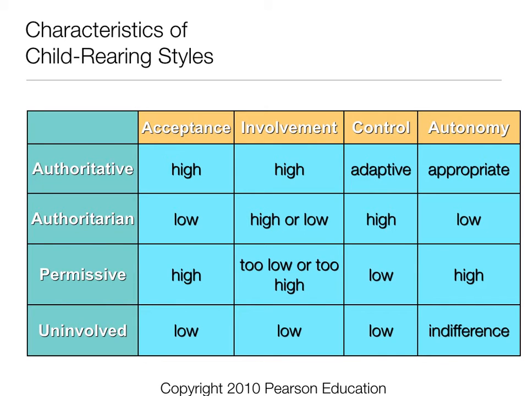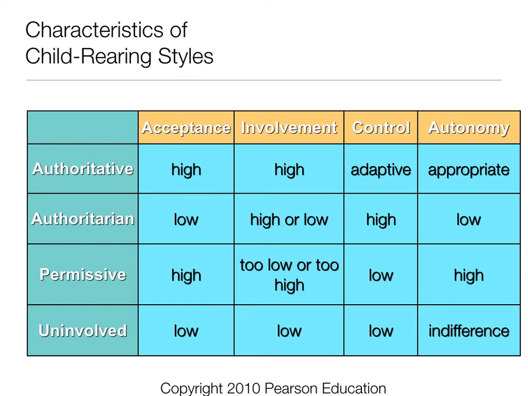A 3-year-old doesn't have the capabilities to pick a nutritionally complete meal, right? They don't know that you can't just eat cheese crackers and it be okay. That goldfish do not qualify as a meal. And so again, permissive parents are granting too much autonomy, and so they are too low on control.